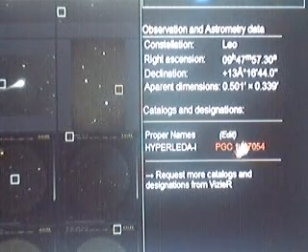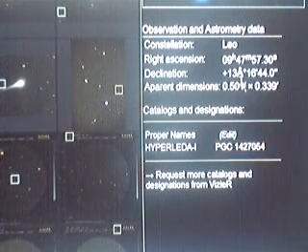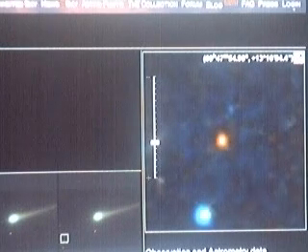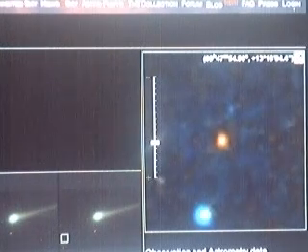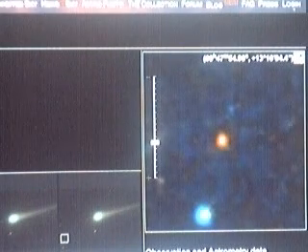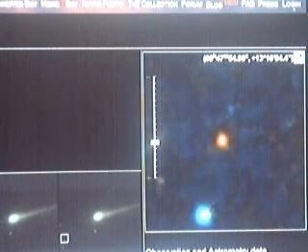That is what it's called. So there it is. There's your NIBIRU. You punch in those coordinates like it said, and that's what you get.